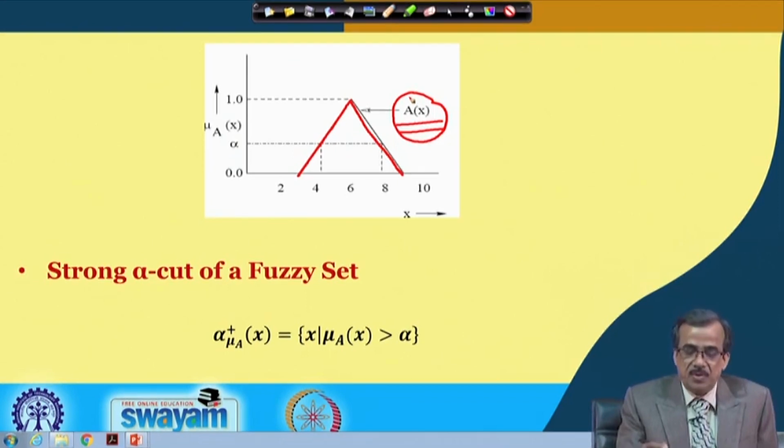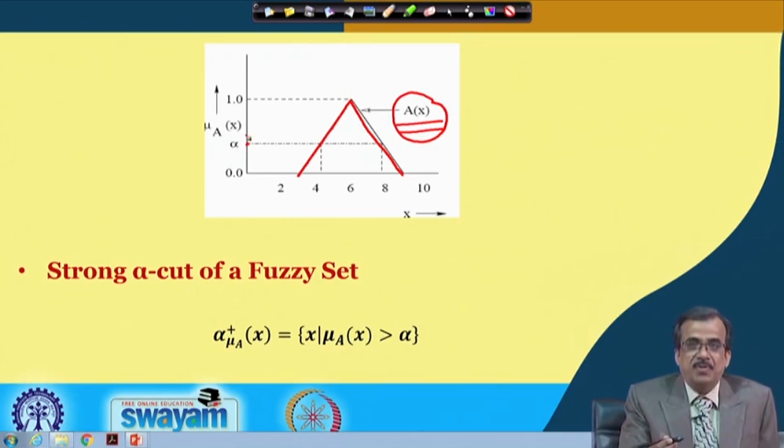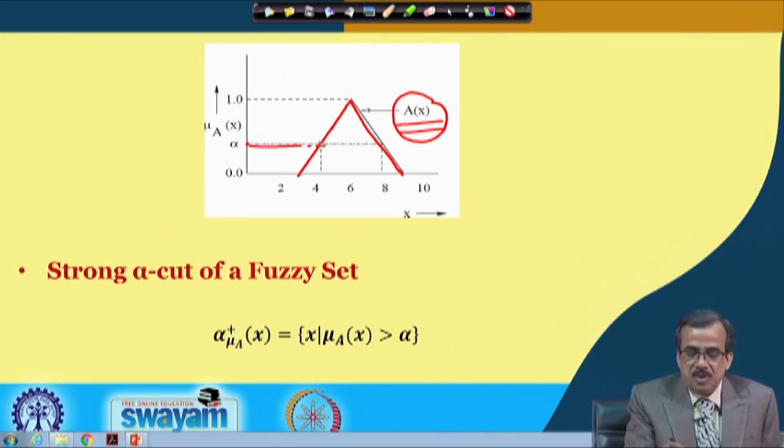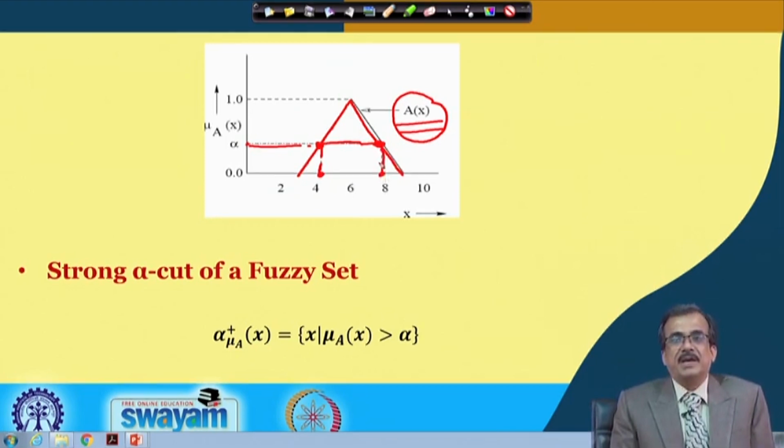Supposing that the alpha is here, say 0.4 or 0.45, something like this. Corresponding to this alpha, you draw one line here. This is the line and it intersects at this particular point and at this particular point. Corresponding to this point, you try to find out the value for x. Similarly, corresponding to this point, you try to find out the value for x.